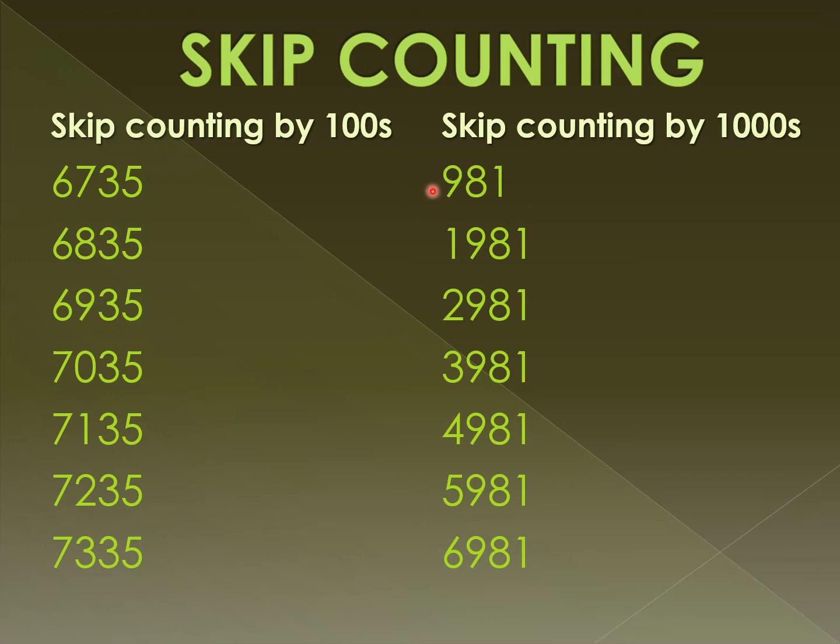So our thousands place digit is going to increase by 1. 981, 1,981, 2,981, 3,981, 4,981, 5,981, 6,981.